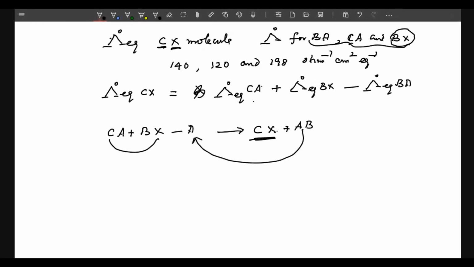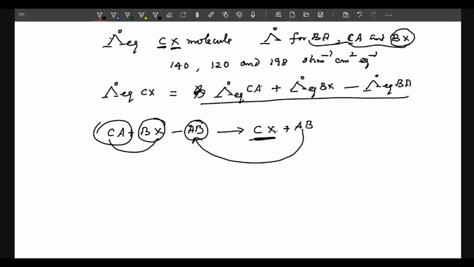Therefore, equivalent conductance of CA plus equivalent of BX minus equivalent conductance of BA. This is what we have written. In this way, you can easily write this down. And one homework: find the answer, and take down another question.